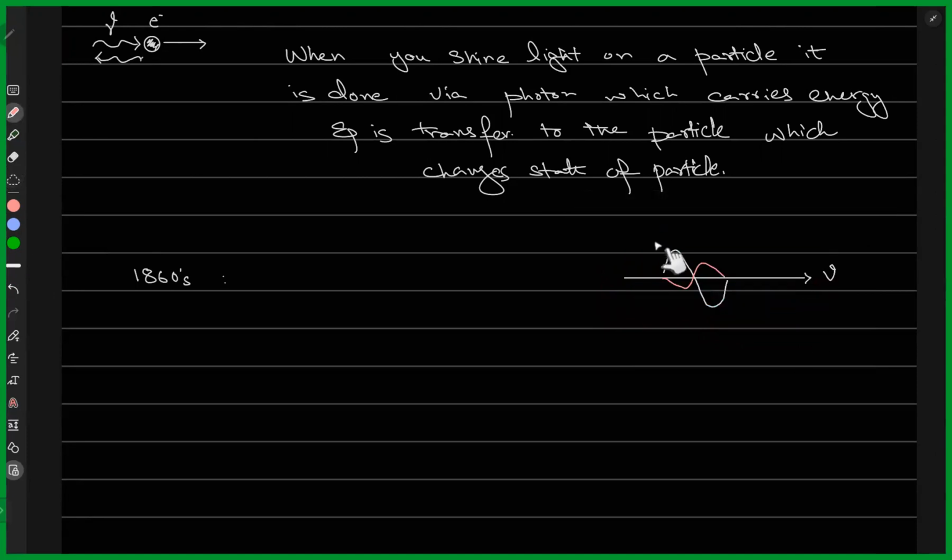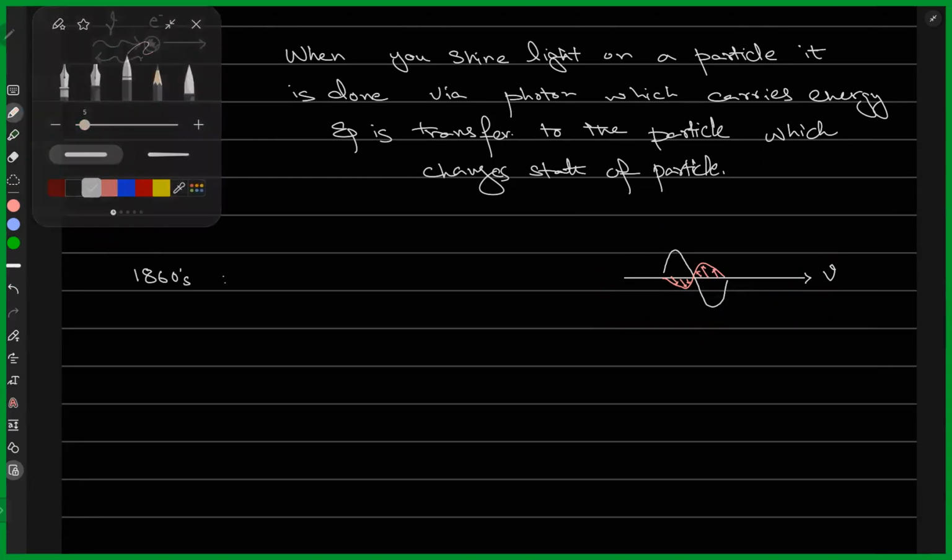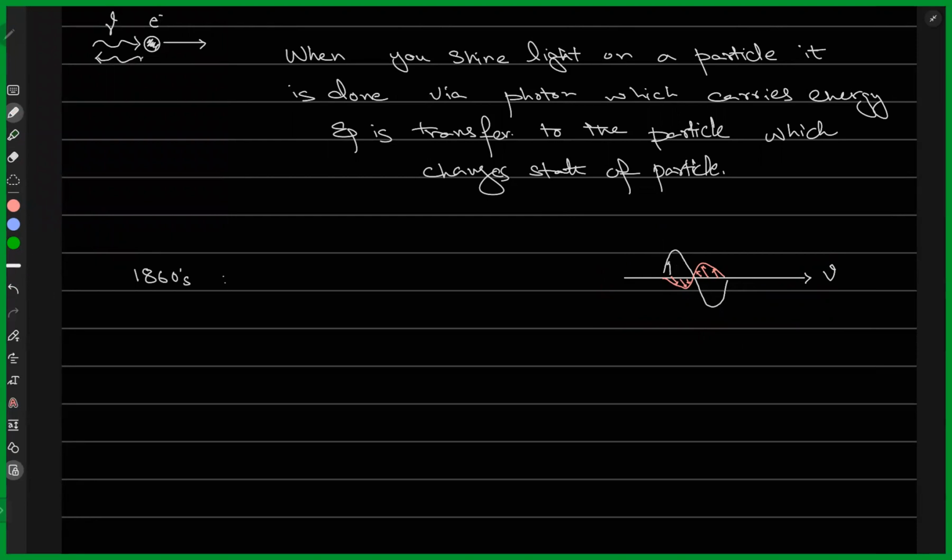So the magnetic field lies in this bottom plane, while this is the electric field, which is perpendicular to the magnetic field. So this altogether is an electromagnetic wave, and it's propagating, as in it's moving in some direction with some speed.